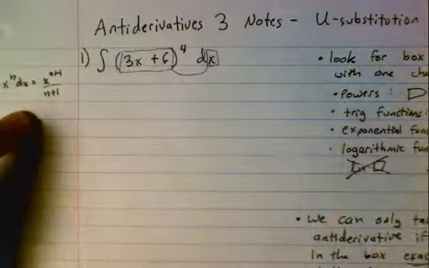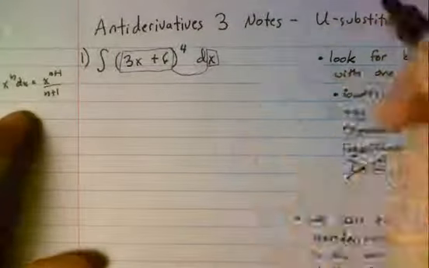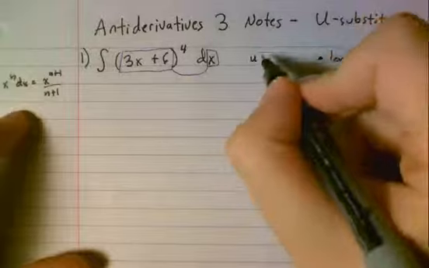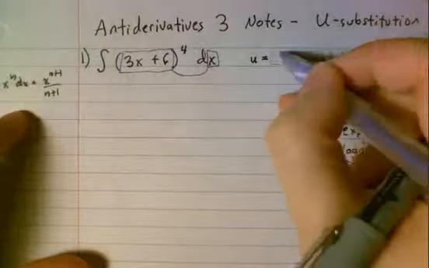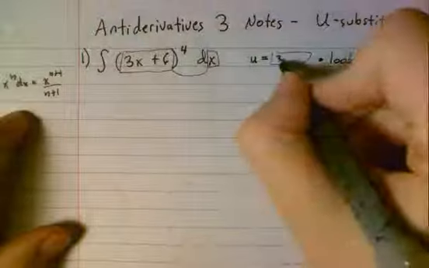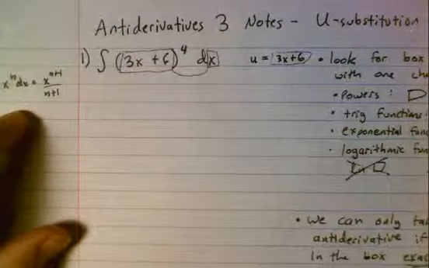So what I'm going to do is I'm just going to create a new variable. It's typically called u for whatever reason. And I'm going to let that u equal whatever was in my box. So 3x plus 6.